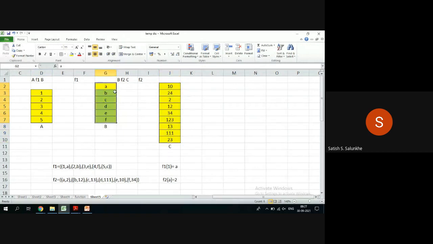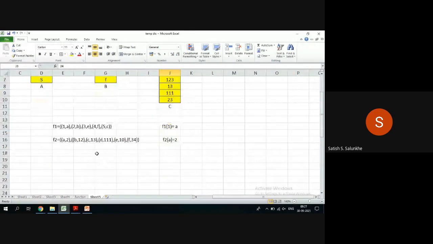So we need to identify this is mapped to whom here, so that we are able to answer this is mapped to whom here. So for that we need to know what is f1 of a. Once we get the pre-image for this, then we need to just apply f2 of f1 of a to get the answer.